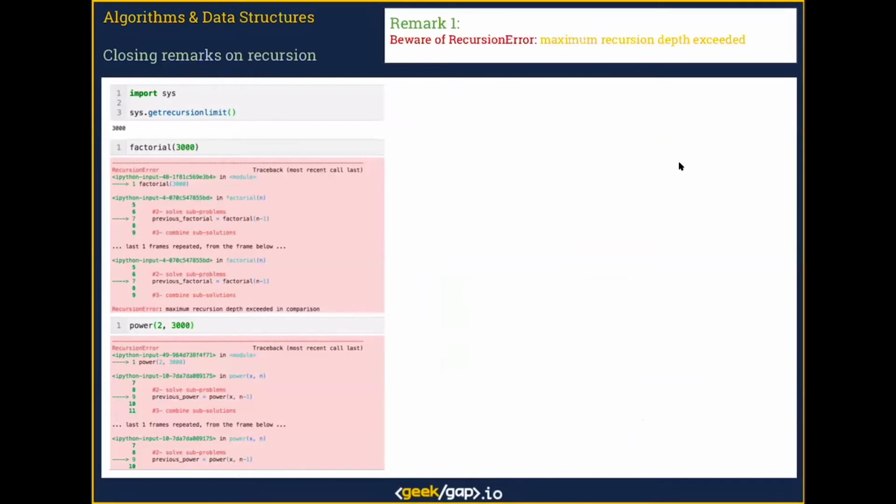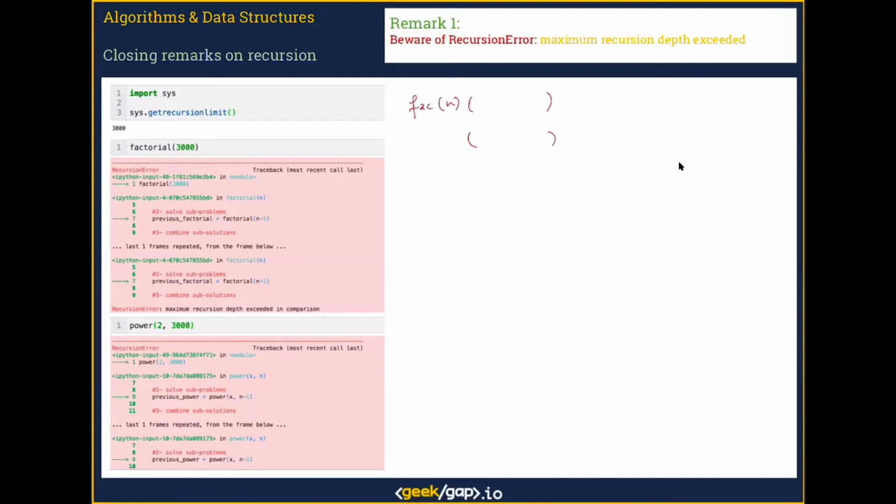The first one is the recursion error, maximum recursion depth exceeded. You saw when we discussed the time and memory complexity, we kept saying that we have something to store when we are computing the sub problems, like when we are doing factorial of n.